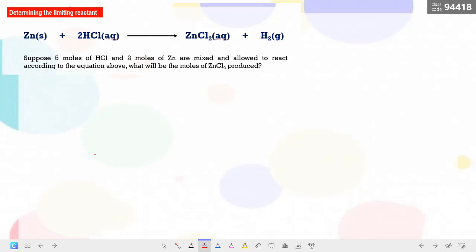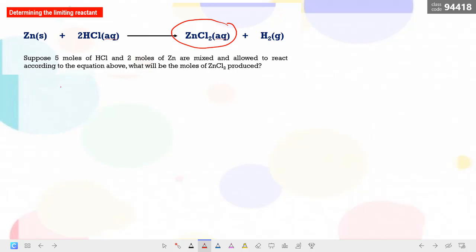In other words, the product form must be determined from the amount of limiting reactant. Mole lah, maksudnya kita nak cari. Tadi saya gunakan kaedah yang pertama tu, saya gunakan reactant. Jadi sekarang saya nak compare, nak tahu pula berapa zinc chloride produce. Jadi kita mesti gunakan information limiting reactant, moles of the limiting reactant.